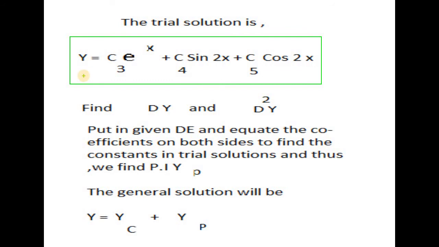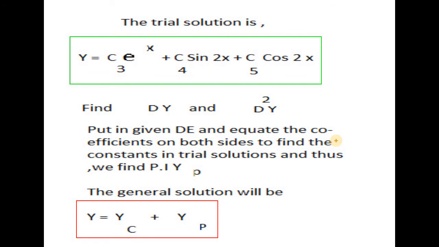We put the values of y dash and y double dash in the differential equation and equate both sides to find c3, c4, c5. Then we put the values of c3, c4, c5 in this equation, which will be our particular integral yp, and this will give us the general solution of the differential equation.